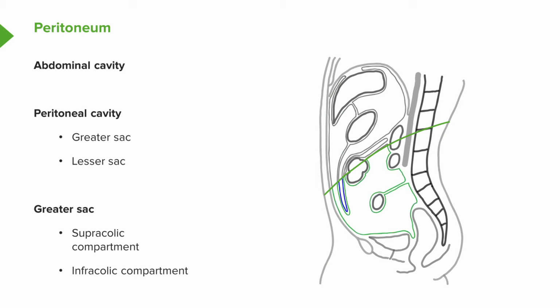Everything down here is the infracolic compartment and everything above is the supracolic compartment. In the infracolic compartment, we've got the colon and the small intestines. In the supracolic compartment, we've got the stomach and the liver, for example. These are just different regions of the abdomen within this greater sac.